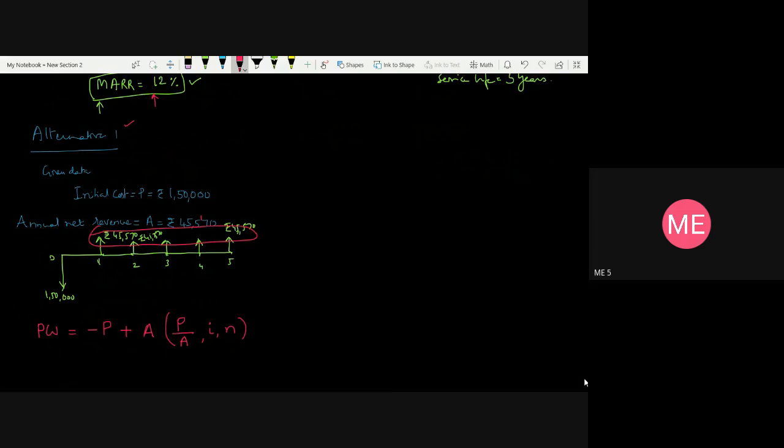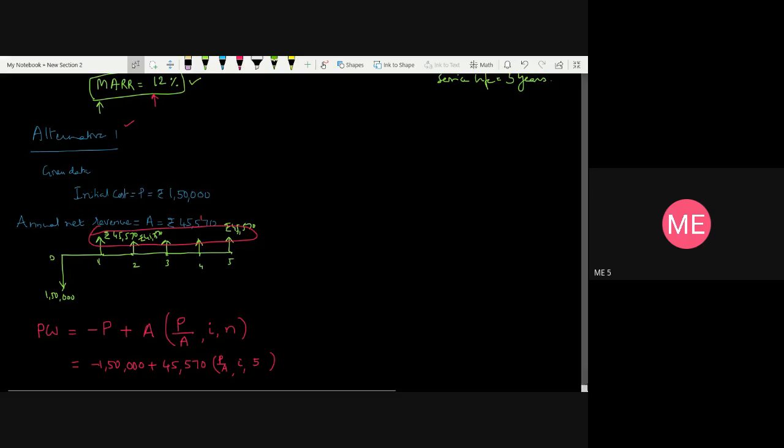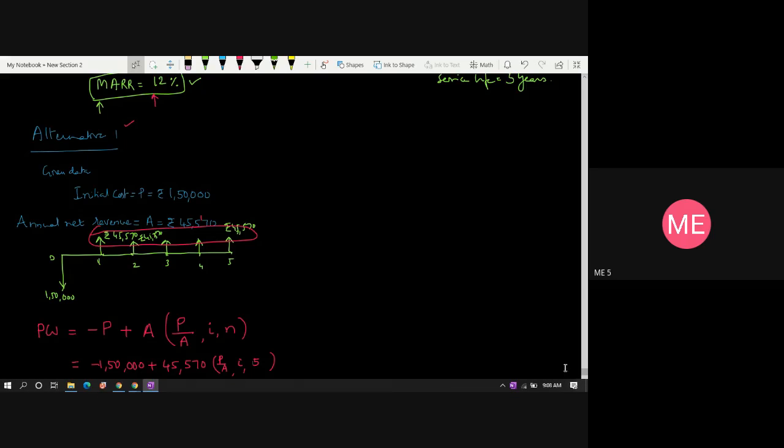The minimum requirement is 12%, so it should not fall below that, it should be above 12%. So if I substitute the present worth, I'll get minus 1,50,000 plus the annuity 45,570 times P by A, i unknown, N equal to 5 years, the given life of the alternatives.